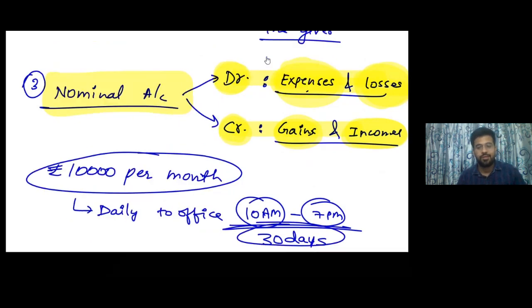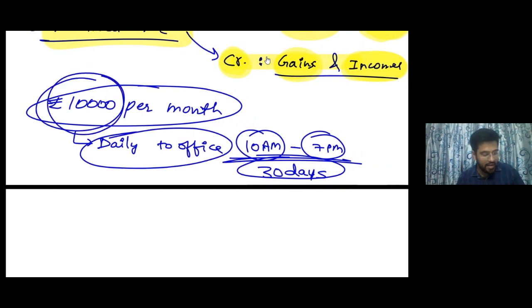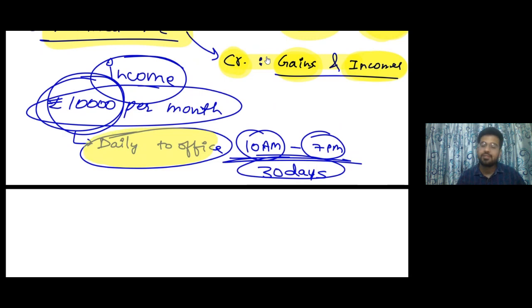So obviously, when he is taking so much work from me and paying me this 10,000, I agree that 10,000 is an income, but there is a lot of pain involved. What is the pain? Daily going to office, working from 10 a.m. till 7 p.m. I cannot do my personal stuff. I am now bound to do the organization work for the company.